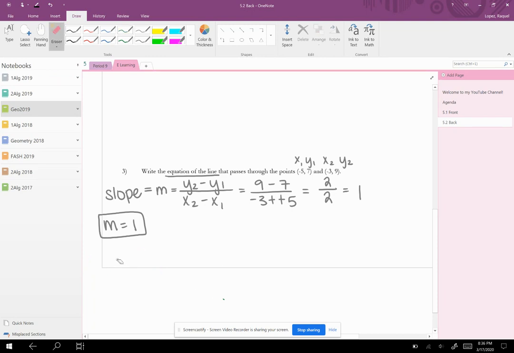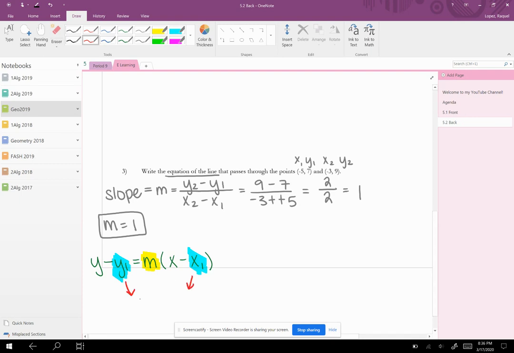So I'm going to reach for a different structure that we studied at the beginning of the year. And this different structure is y minus y1 equals m times x minus x1. Now, this structure is known as point slope form. M is your slope. That's easy, right? Now, what people often get tripped up about is this whole x1, y1 thing.